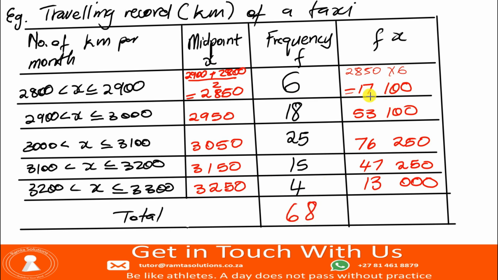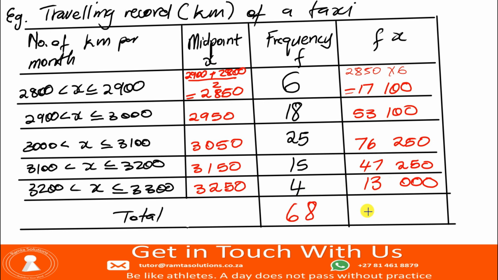For this one here, I'm not going to waste my time. 17,100 plus 53,100 plus 76,250 plus 47,250 plus 13,000. What is it?